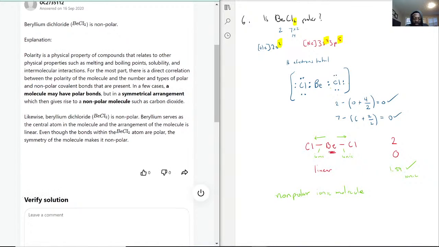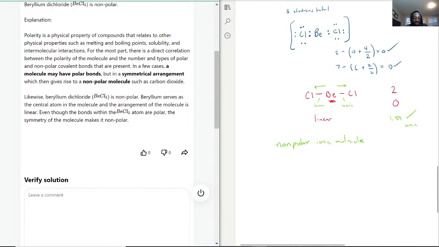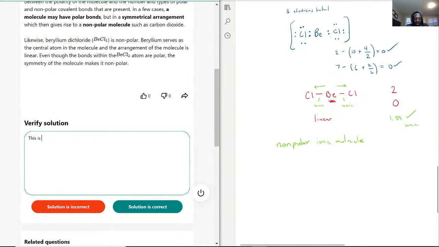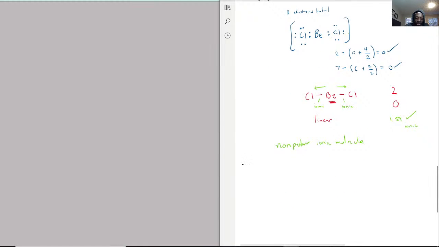So you see how I broke it down by first drawing the Lewis dot diagram, because using this method, you can actually see clearly if beryllium had any lone pairs, which it doesn't, and you can also see how the electrons are situated between the two elements on the outside, showing how they balance each other out in total. Okay, this is correct. So now we're moving on to question 7.